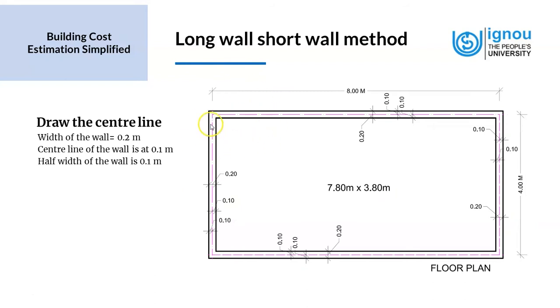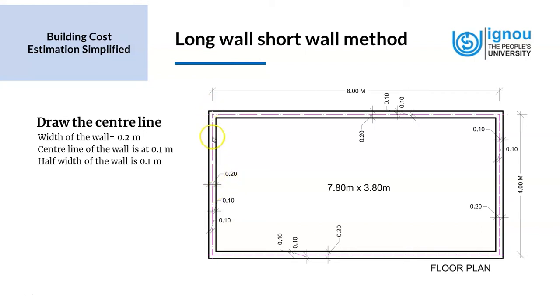First of all, we take the plan showing the wall, and we draw the central line. We know that the central line is the line passing through the center of the brick wall. Because the width of the wall is 0.2 meters, the central line will divide it into two equal halves, and it runs at the point 0.1 meter.